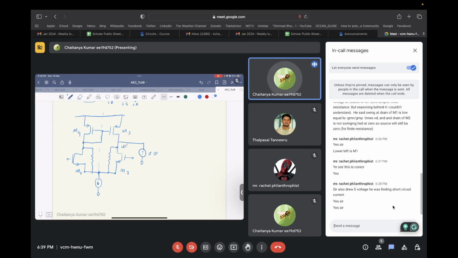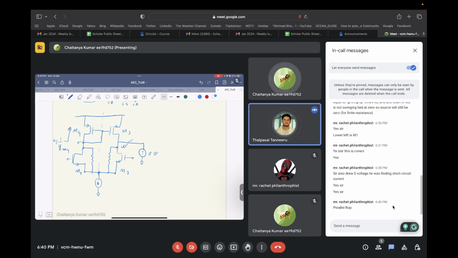In this case there is an actual ground; however, here there is not an actual ground. But still, the looking-in impedance over here will be 1 by gm4 in parallel with ro4, right? Yes, correct.